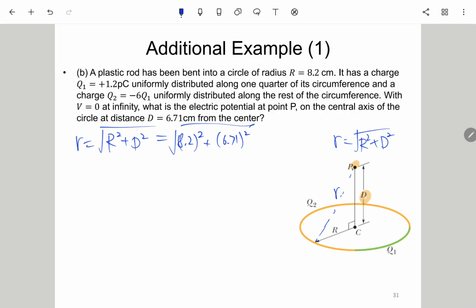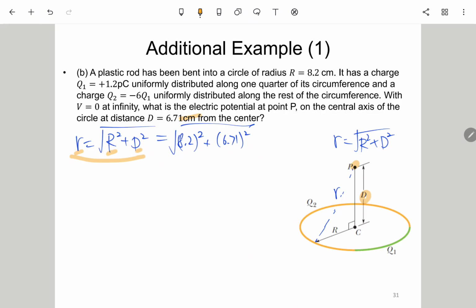So here you may ask why we use the centimeter here. Because usually for most cases we need to use the SI unit, which is meter rather than centimeter. But for this Pythagorean theorem, this is a length, this is a length, this is also a length, so we don't actually change the dimension.